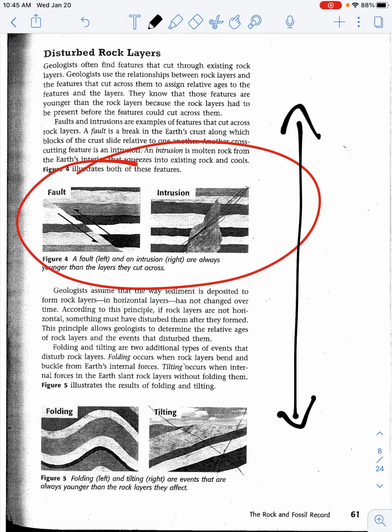Folding occurs when rock layers bend and buckle from the Earth's internal forces. Tilting occurs when internal forces in the Earth slant rock layers without folding them. Figure 5 illustrates the results of folding and tilting. Remember, any of these events are always younger than the rock layers they affect, because the rock layers had to be there first.